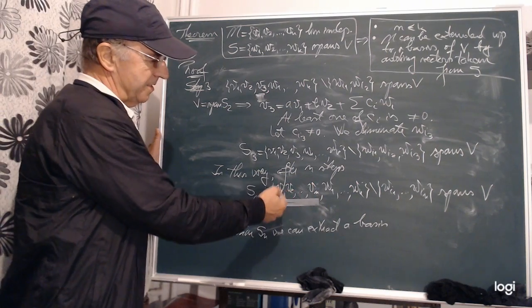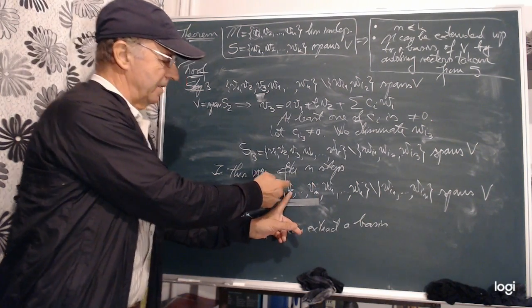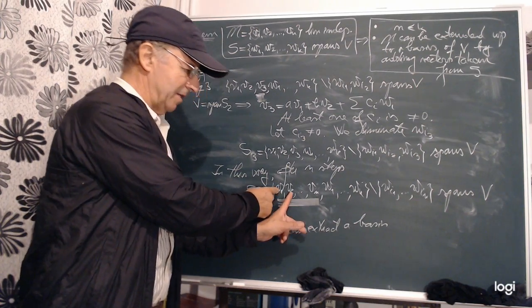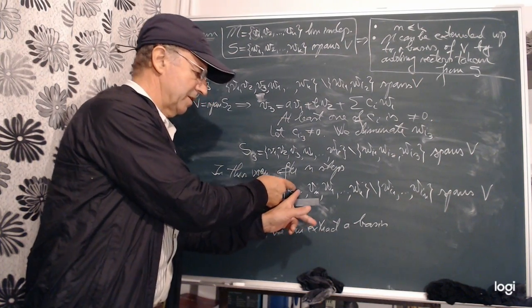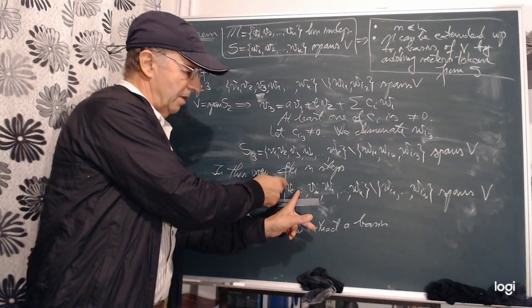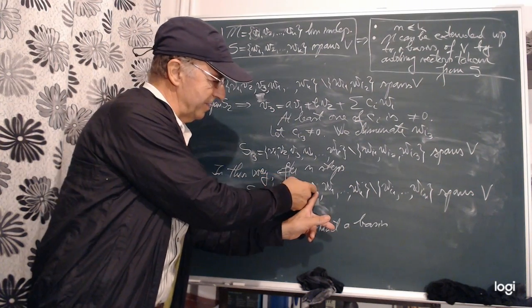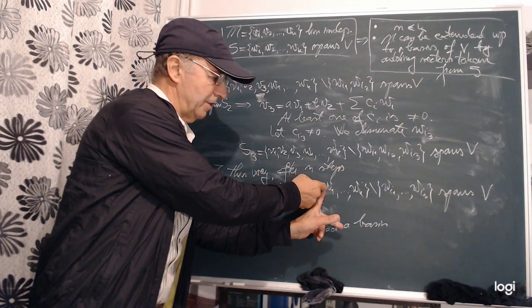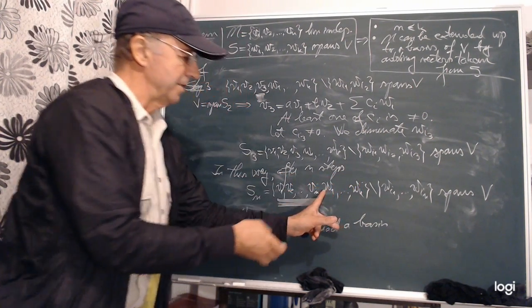We analyze the vectors. If the second vector is a linear combination, we eliminate it. If not, it remains. Then the third. But in our case, none of these vectors is a linear combination of the previous, and we have to continue to analyze here.